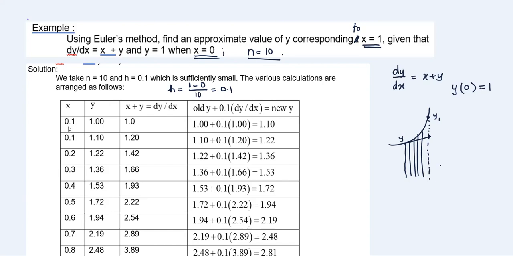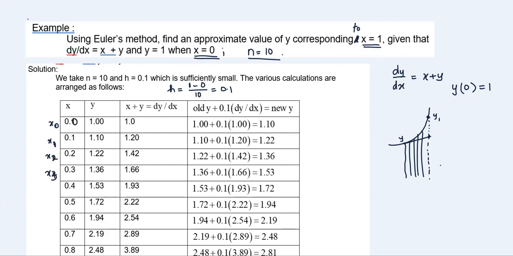First, this is x1, not x0. This is x2, this is x3, this is x4. Correspondingly, this is y1, y2, y3, y4. Sorry, this is x0, this is x1, x2, x3, typo error here.